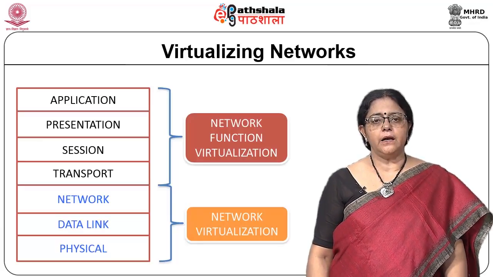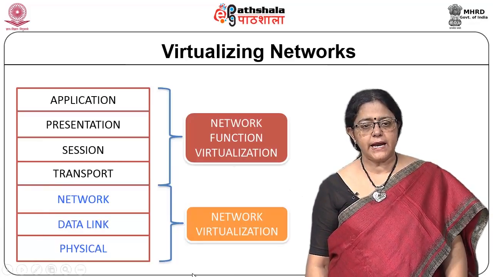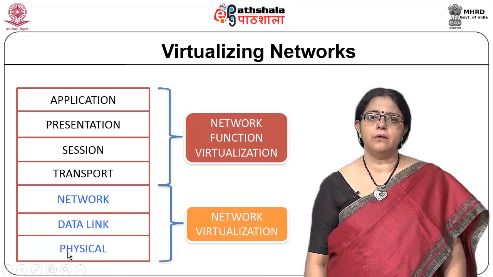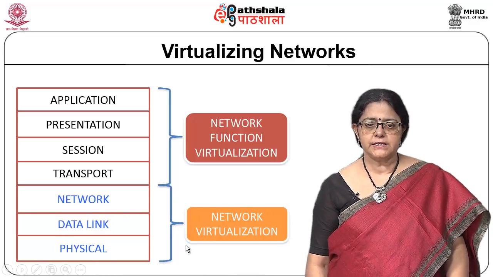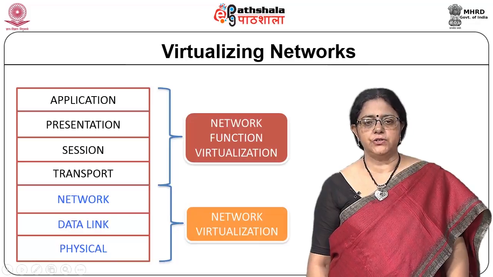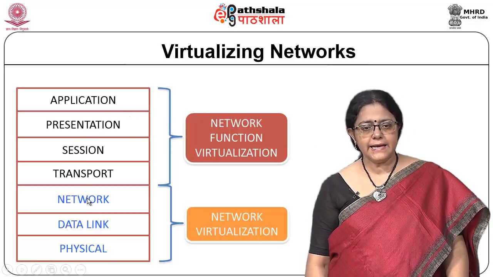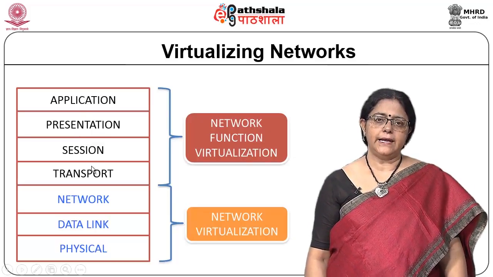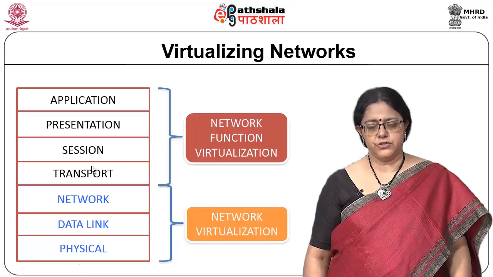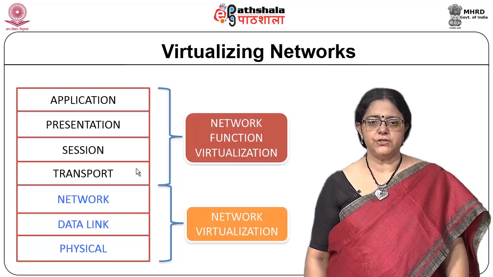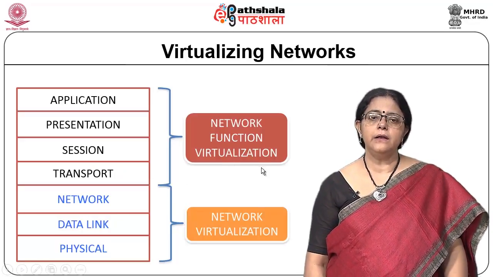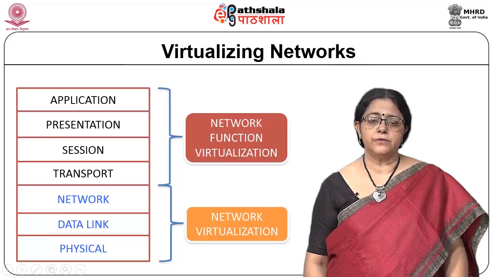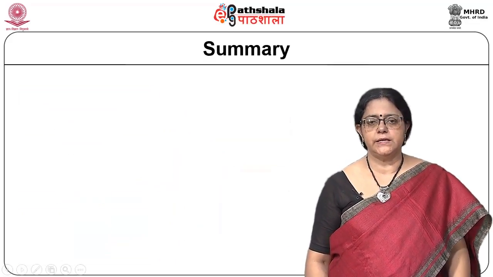So, this brings us to the end of the first part of our networking, which is network virtualization. In the next part, we will look at how the other 4 layers, the higher 4 layers, can be virtualized using value additions, and this will be called network function virtualization.